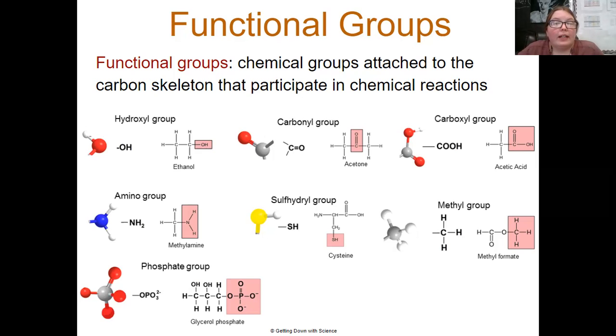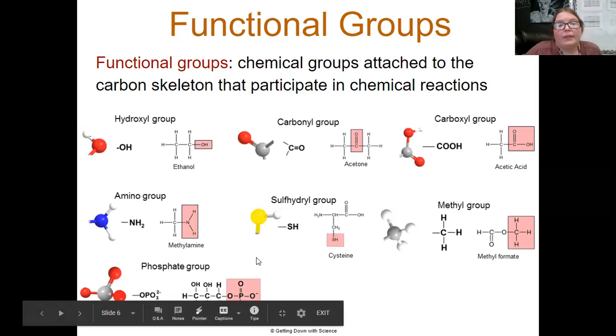So like amino acids and nucleic acids, somewhere in there they have a COOH maybe. Carbonyls, you see there's a double bond, so that changes what it does. Amino groups like amino acids, proteins, that kind of thing. Methyl groups and phosphate groups, but like I said, sulfhydryl is not as important.